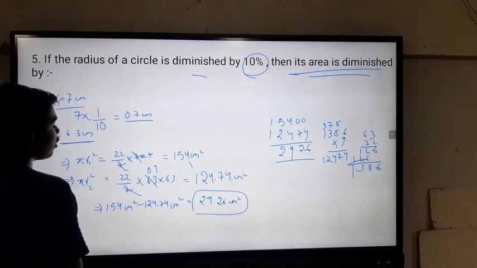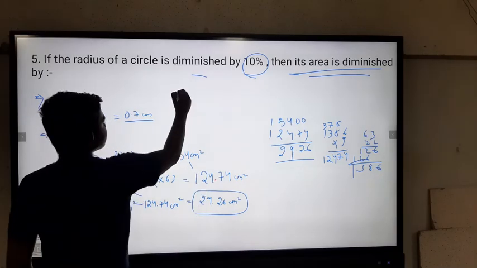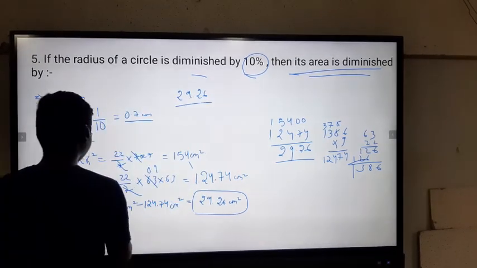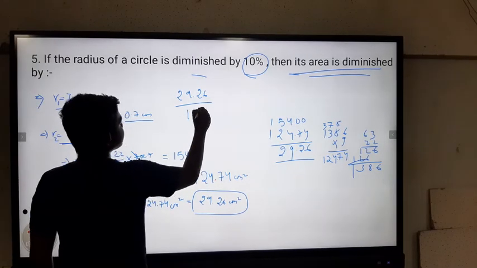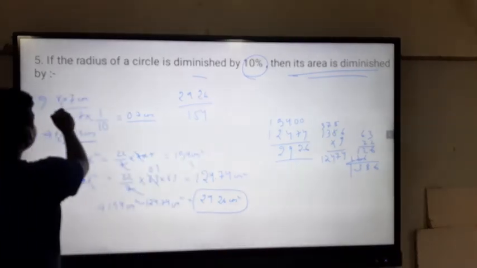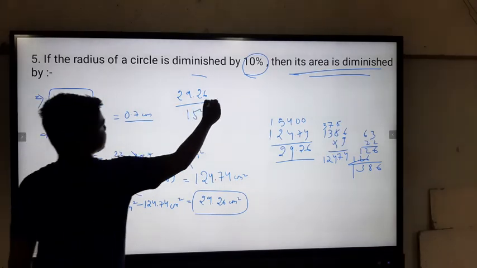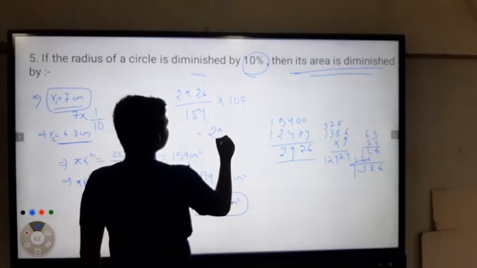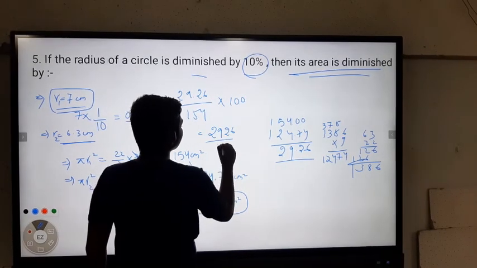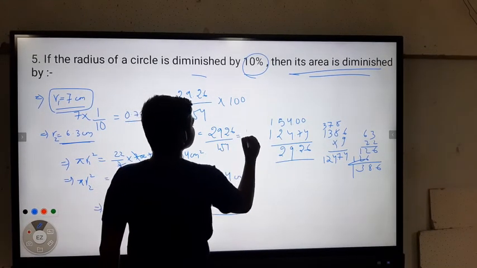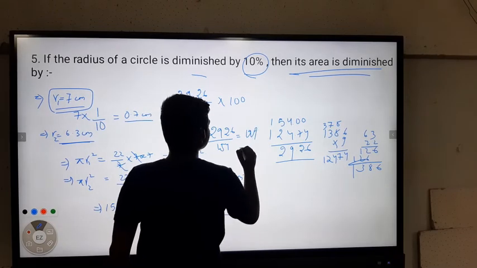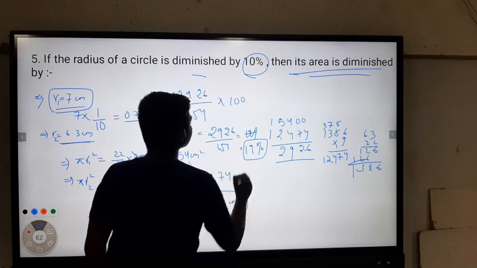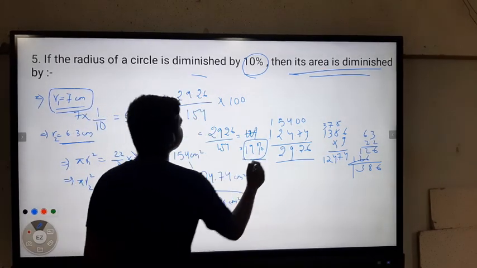Now we'll find what percentage is diminished. So 29.26 divided by 154, which is the total if you take r1 equals 7 cm, into 100. So we'll get 2926 by 154, which is 19%. So here the area is diminished by 19%.